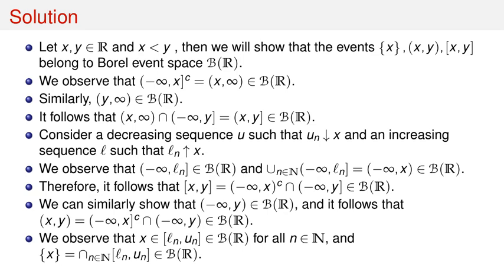The singleton set {x} can then be written as the countable intersection over n in N of the closed interval [l_n, u_n]. Since B(R) is closed under countable intersections, {x} must be in B(R).